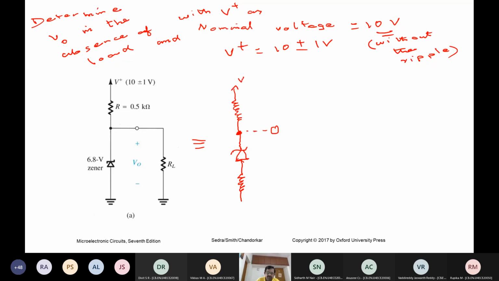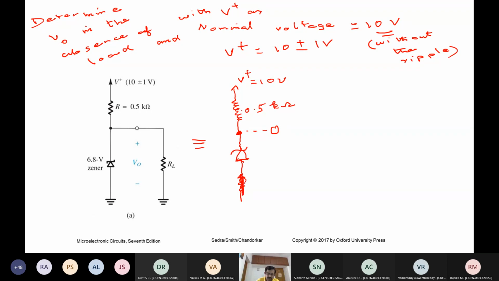So this is my V plus nominal voltage, 10 volt, and this is my 0.5 kilo ohm, that is 500 ohms, and this fellow, the Zener.